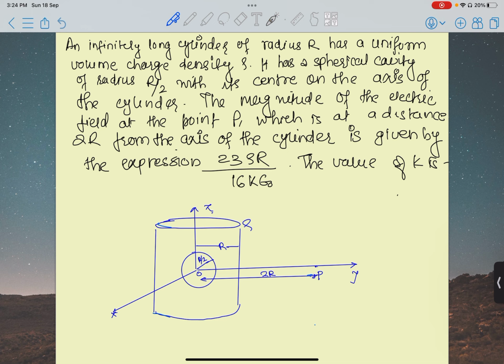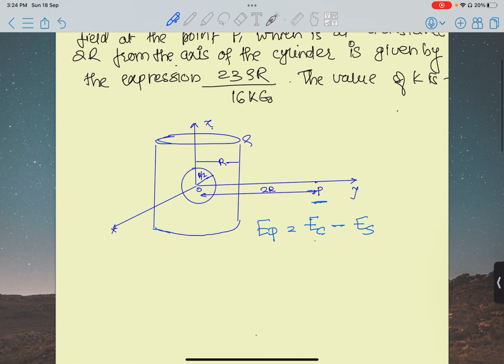So if there was no cavity, if we don't remove the sphere from the cylinder, then what will be the electric field at this point? At point P, it will be the electric field because of the cylinder. But since we are removing the sphere from it, we have to subtract the electric field because of the sphere. So this is the electric field at point P. Now what is the electric field of a solid cylinder with infinite length?